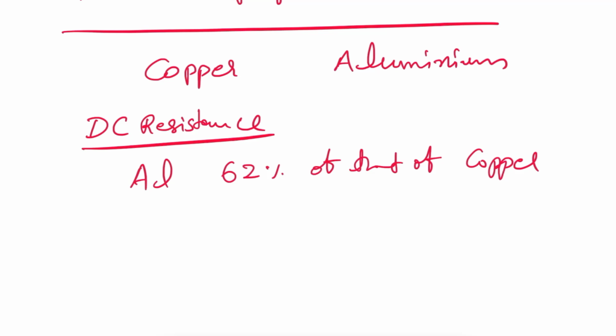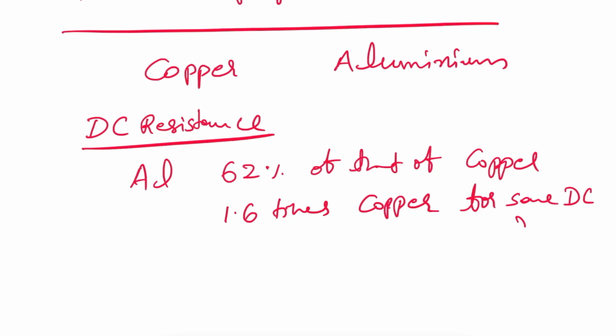Therefore, an aluminum conductor must have a cross-sectional area of around 1.6 times that of the copper for the same DC resistance, because its conductivity is just about 61 to 62% of the copper.